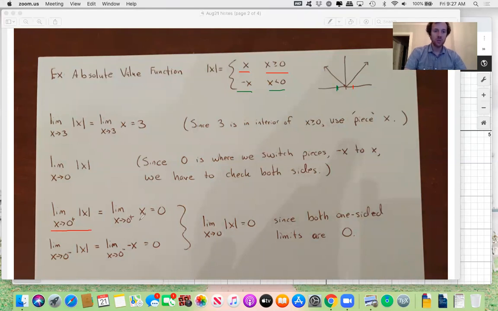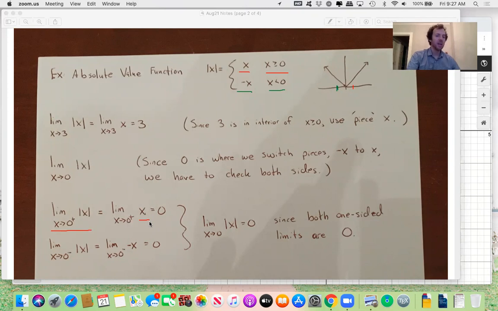So then use that piece when it comes time to find the limit. Again, for piecewise functions, the big thing is depending on which x's you're looking at, use the right piece. And once we identify that to the right of 0, we want to be using the x function, then we can forget it's piecewise and just focus on what this limit would be.